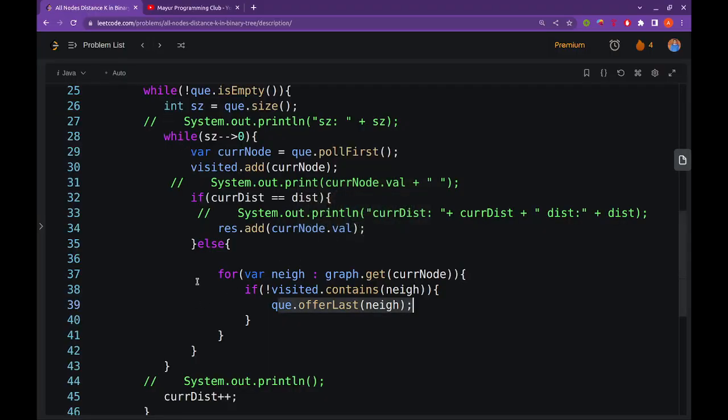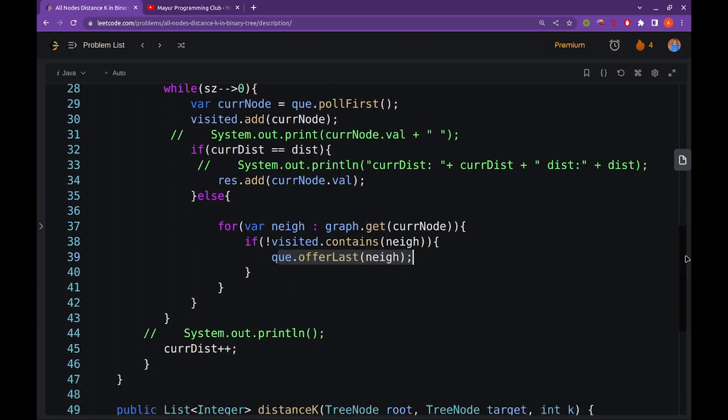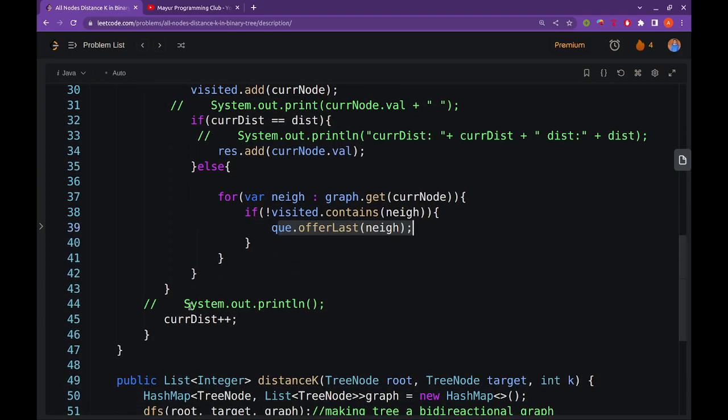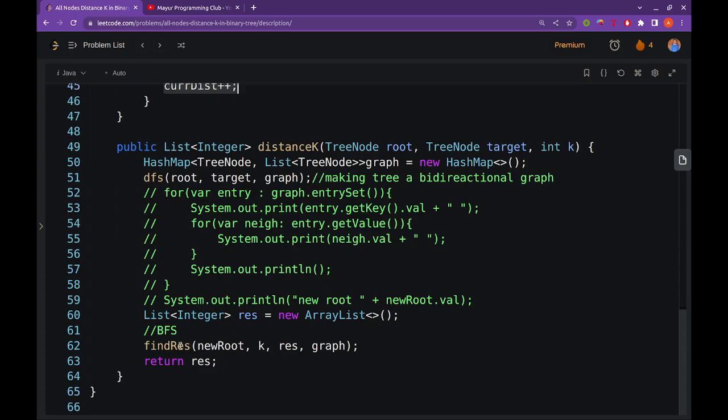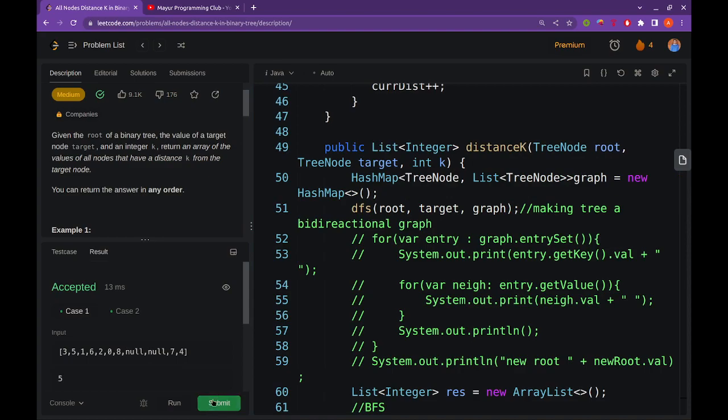So that's pretty much it, this is the standard BFS. We would be returning the result list as required, and yeah, that's the problem and the solution.